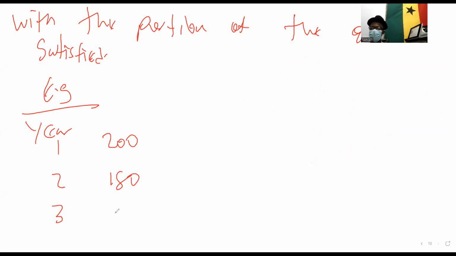Then the last year, they graduated only 120, making the 500. So here, it's equivalent grant. So we can do some small computation. Let's do the calculation.